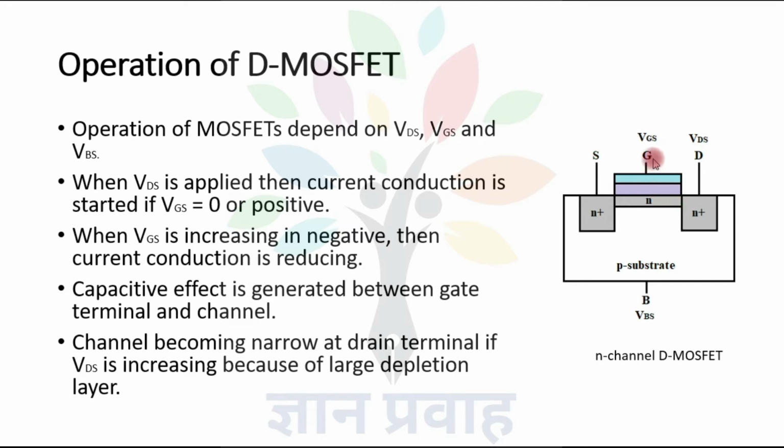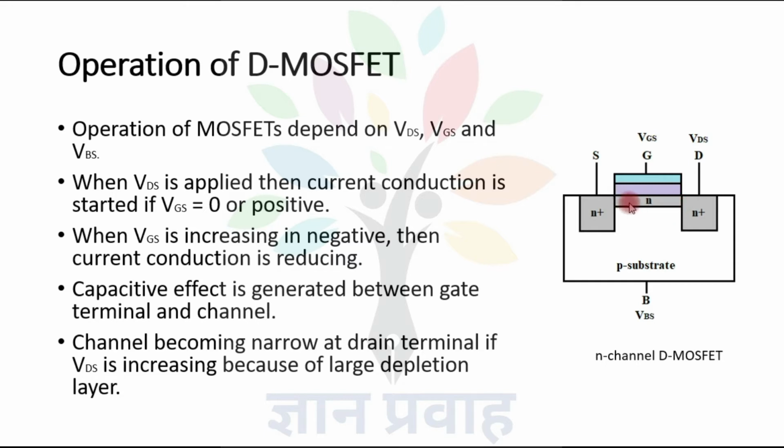Similarly, when we apply 0 VGS voltage, current conduction is there because the channel region is n-type material. If we apply VGS in reverse polarity, negative charges are there and positive charges are present here. Positive charges are the holes.